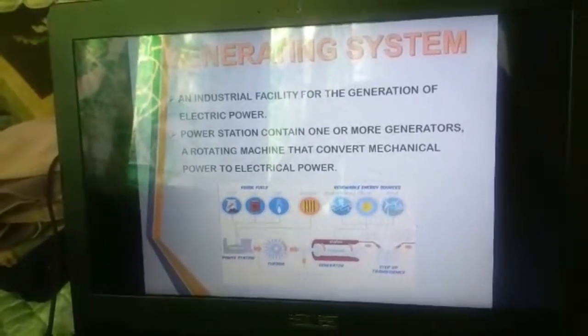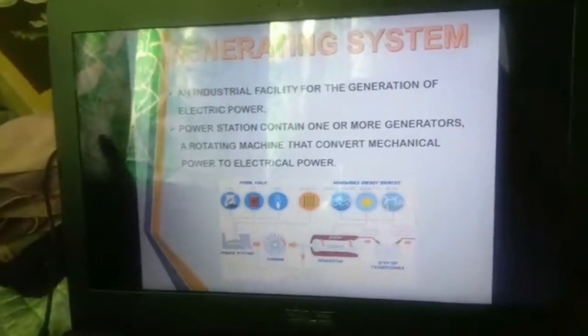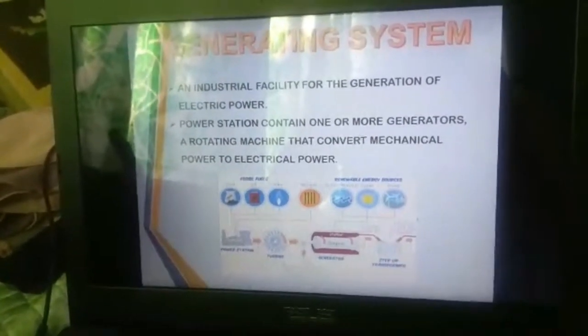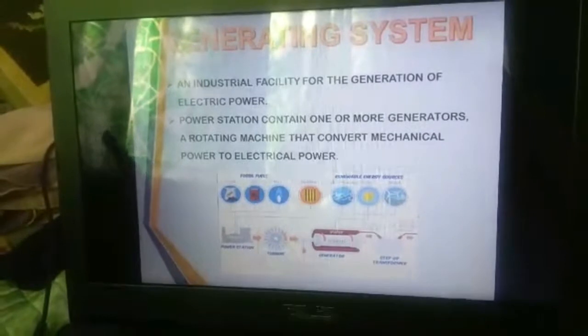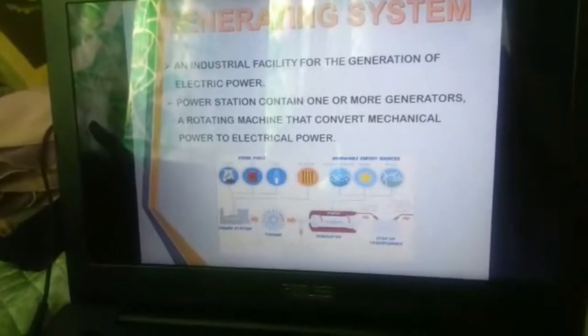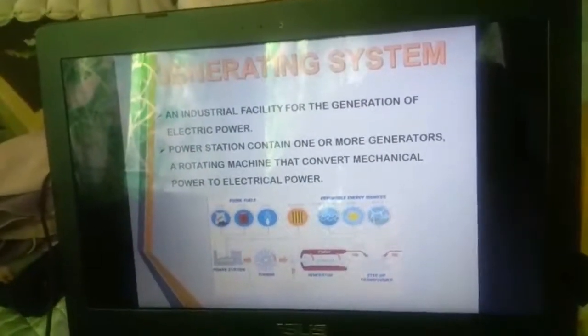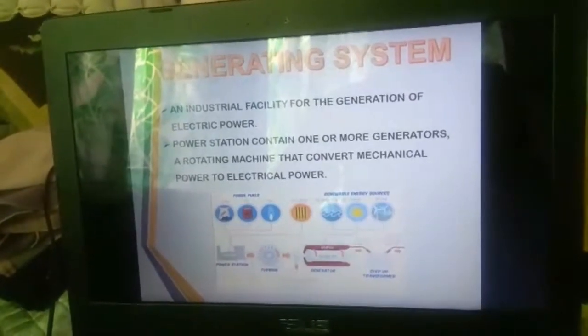It uses the turbine concept, a rotating machine that converts mechanical power to electrical power. This is how the turbine will produce the electricity.